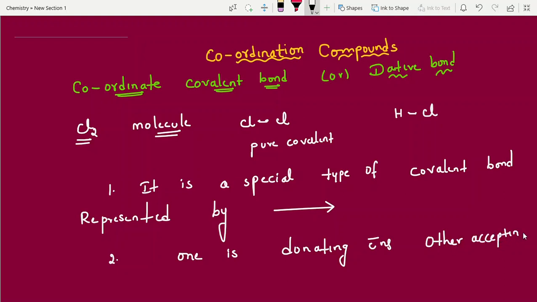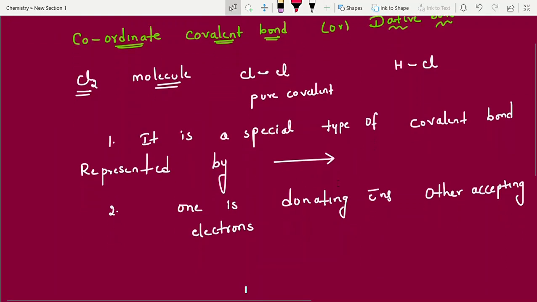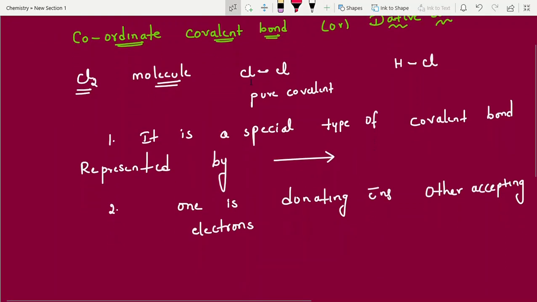This is the main difference. In a pure covalent bond, each atom shares mutually, 50% from this one and 50% from that one, equal sharing. But in the coordinate covalent bond, it is not like that. Suppose atom A and atom B: A has a lone pair of electrons, and B has a vacant orbital.